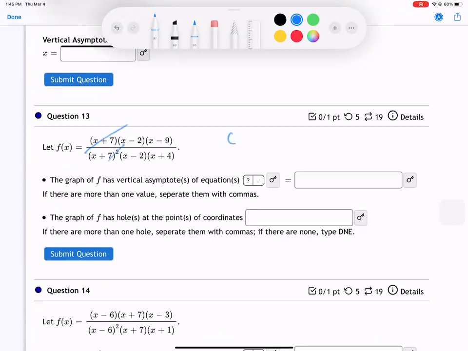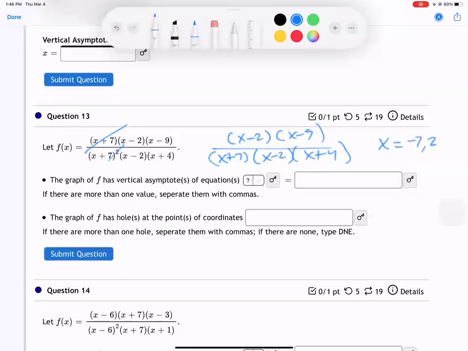So we still have x minus 2, x minus 9, as well as x plus 7, x minus 2, and x plus 4. So where do I have vertical asymptotes? These are x values. x is equal to negative 7, 2, and negative 4.